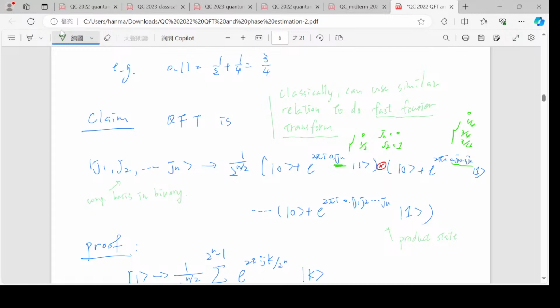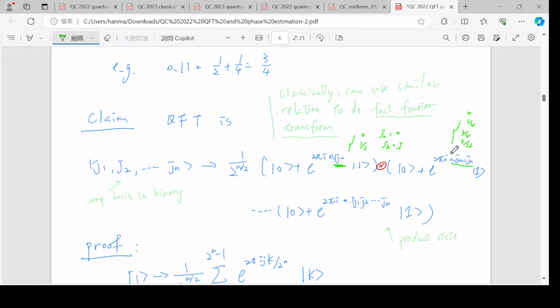And so for every qubit you can see a trend here. For every qubit you get finer tuning on those phases. So the next one will still be 0 plus 1, but with the phase e to the 2 pi i 0 point j_{n-2} j_{n-1} jn.